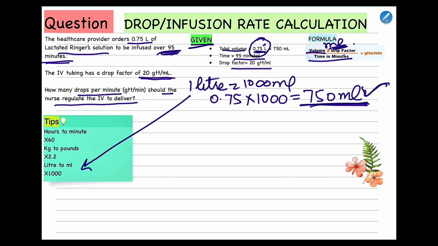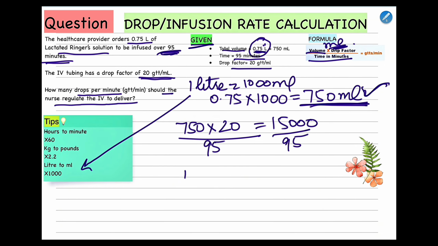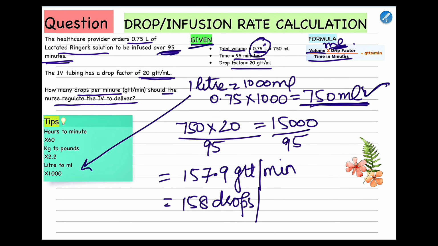Let's put it into the formula now. Our volume is 750 ml, into the drop factor 20 gutte per ml, and the time is 95 minutes. So this will become 15,000 divided by 95, which is 157.9 gutte per minute. Let's round off: 158 drops, or gutte, per minute. So our answer is 158 drops per minute.